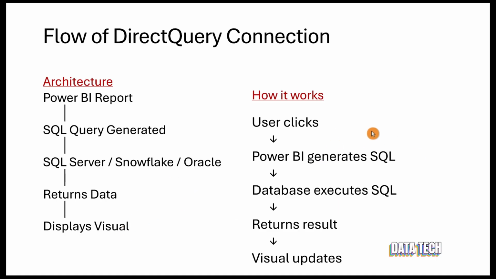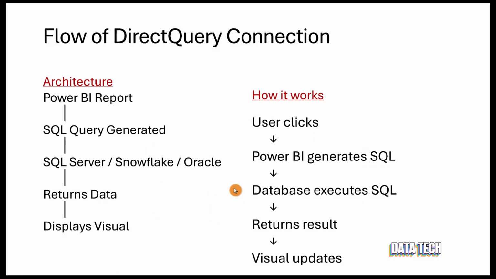Suppose, for example, the user clicks on the bar chart, and based on the bar chart, all other visualizations have to reflect. While clicking on the bar chart, it will generate the SQL query. From the SQL query, it connects to the database, executes at the database level, and generates the results. From those results, the whole Power BI report updates.